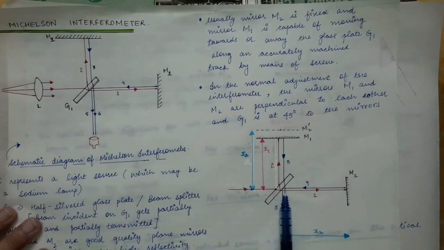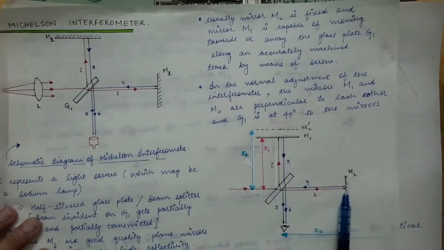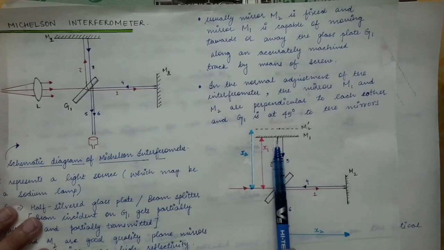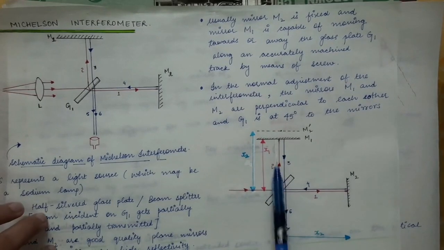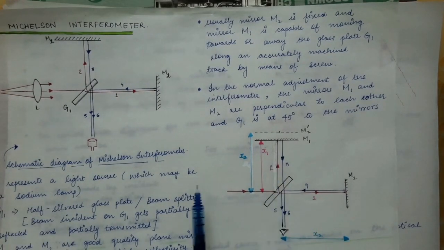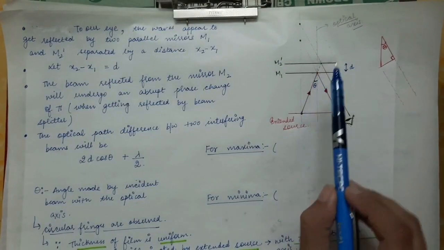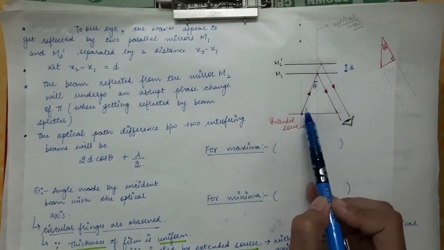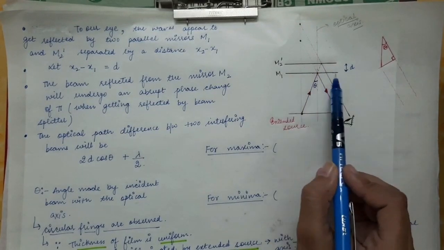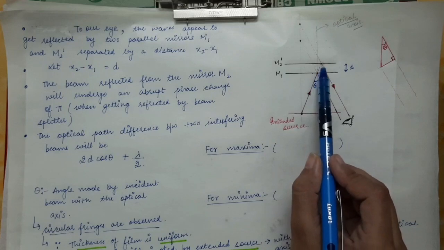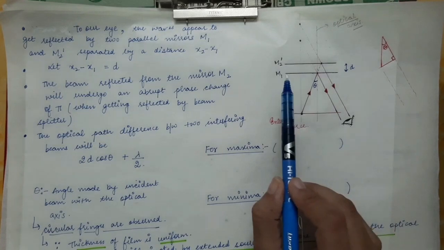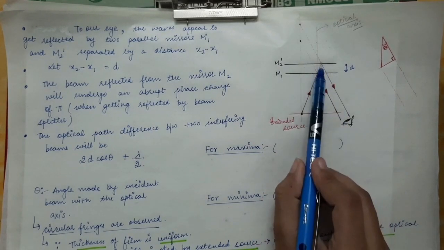So if there is one incident beam, it gets separated into two parts. Those two rays, the reflected and the transmitted rays, will fall at the same angle of incidence on mirror M2 and mirror M1. Therefore, in this diagram we have extended this incident ray to this point. First of all, this ray falls at this point on the mirror M1, and then we have extended this ray and it falls at this point on the mirror M2 prime, and gets reflected from this point.